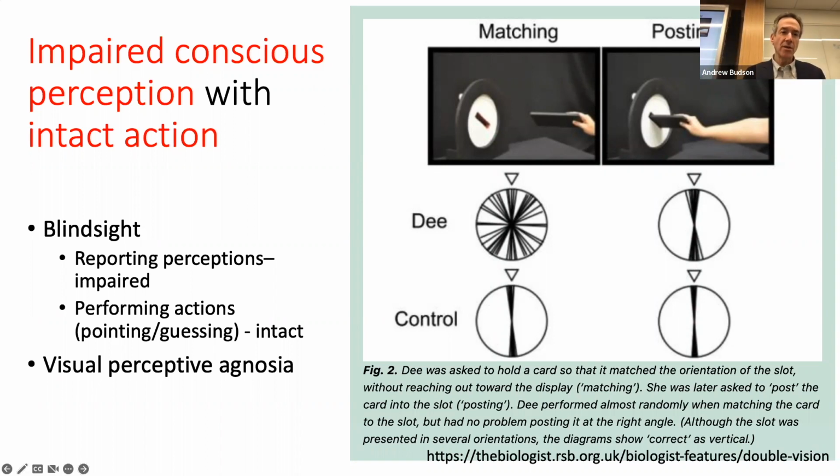And in this particular experiment, this patient here, D, who has a visual perceptual agnosia, when she's asked to match this little card to the slot, she's almost at chance of trying to match it up. But when she's asked to just simply put it through the slot, she's able to do it.